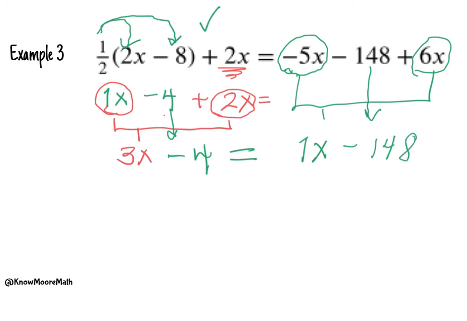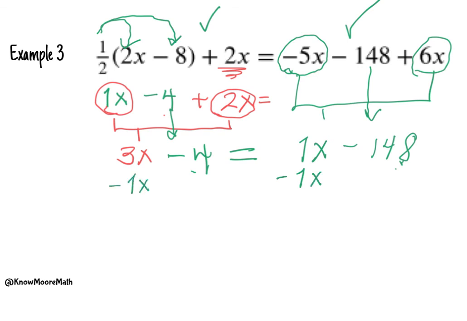So now both sides have been simplified. And I'm just going to look at it for a second and think about what my strategy is going to be. So since I think I'm going to move this negative 4 over to that negative 148, I think I'm going to subtract 1x from both sides.